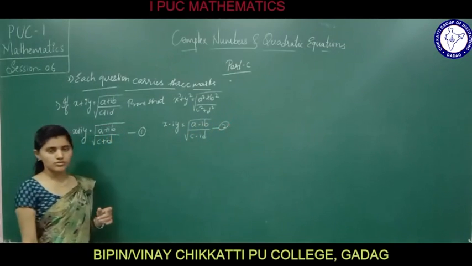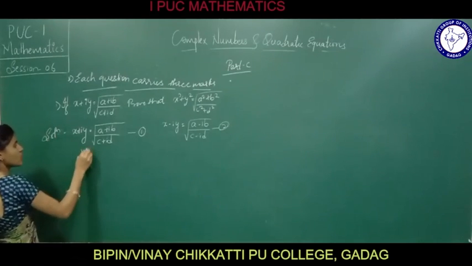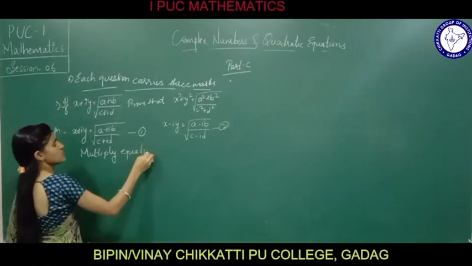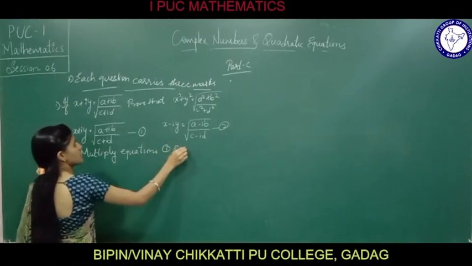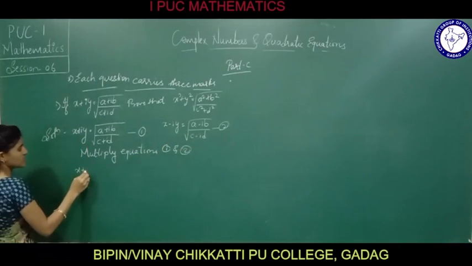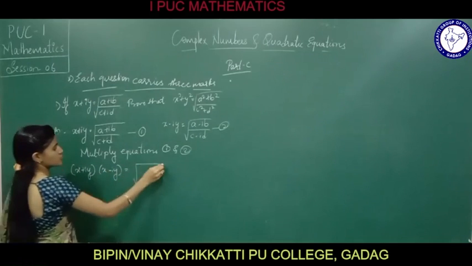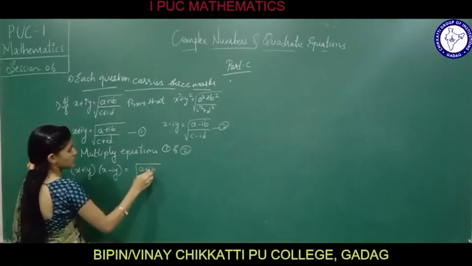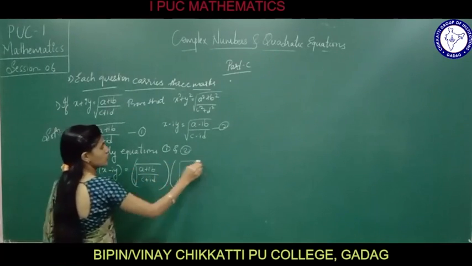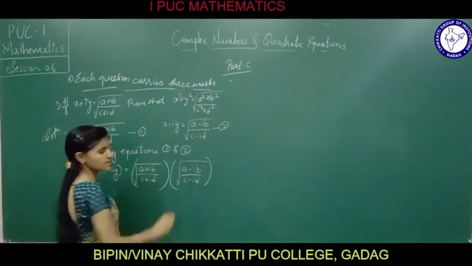Now what we are going to do is multiply equation 1 and equation 2. x plus iy into x minus iy is equal to root of a plus ib divided by c plus id into root of a minus ib divided by c minus id.